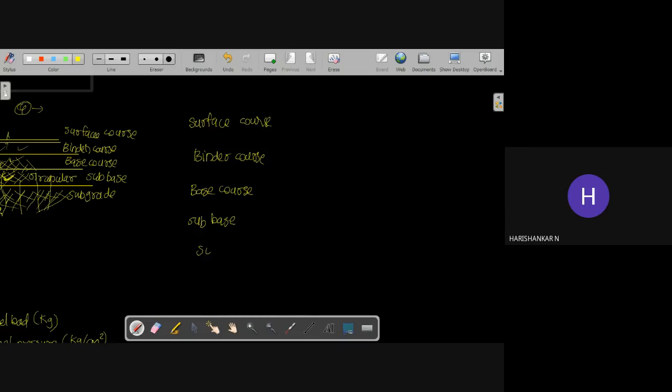After that, it is the soil subgrade. And here you can see it is the curb. After that, here you can locate the shoulder.